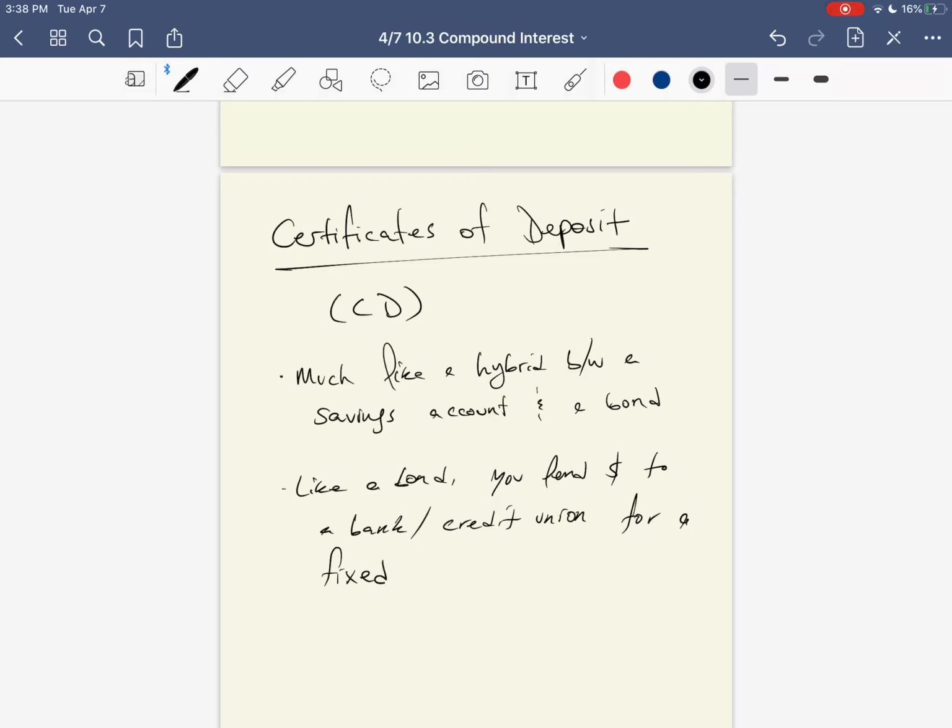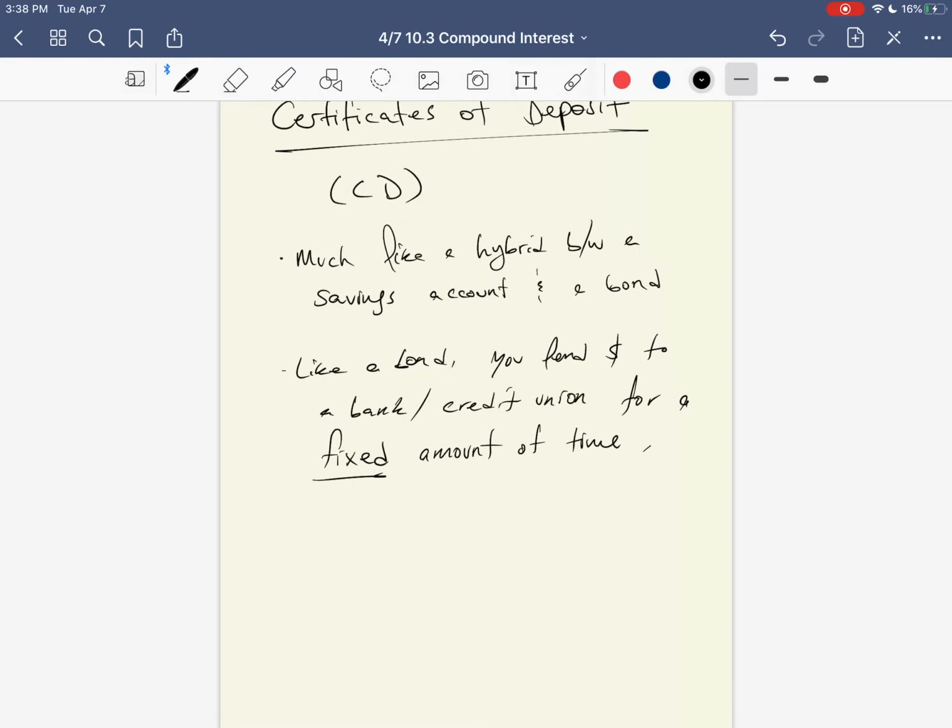That's the interesting thing. A fixed amount of time at a fixed APR. So bonds are like that too.